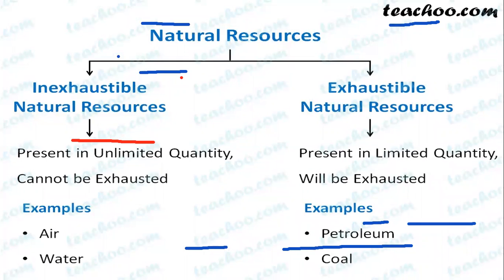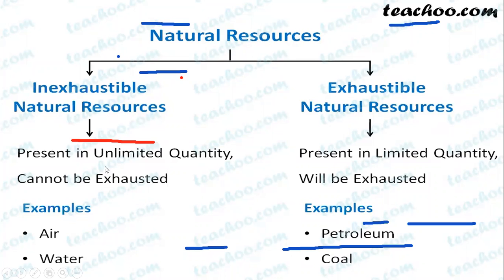Now again, the natural resources which we are seeing will be divided into two different types. One is called exhaustible natural resources. The other one is called inexhaustible natural resources.